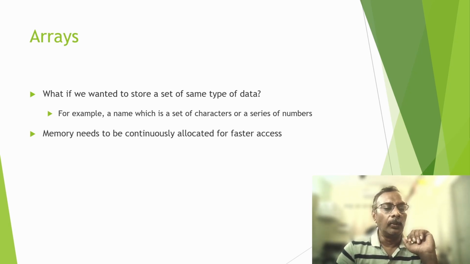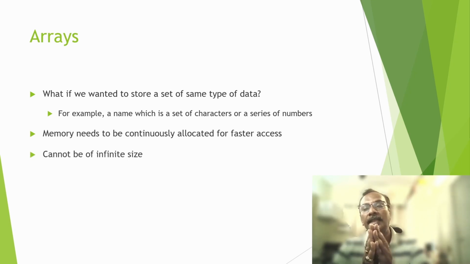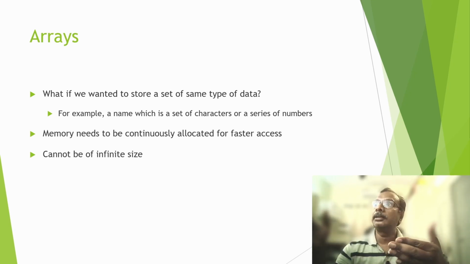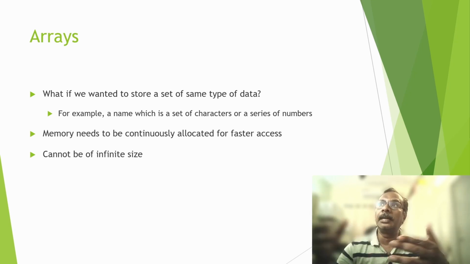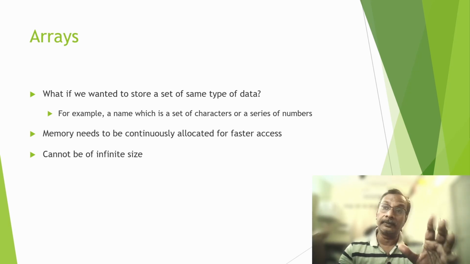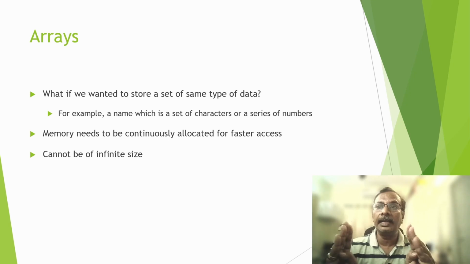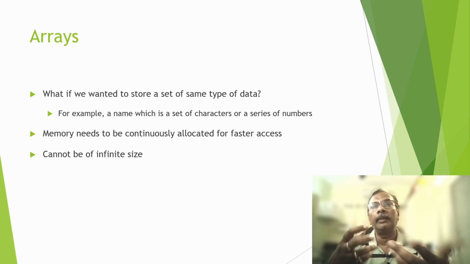Now you have to understand that this allocation cannot be of infinite size. You cannot create a continuous memory allocation of infinite size, right? You need to define a size. If you want to store a name, maybe 20 or 30 characters.